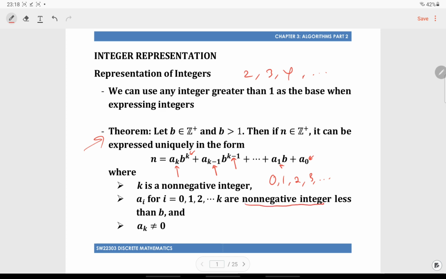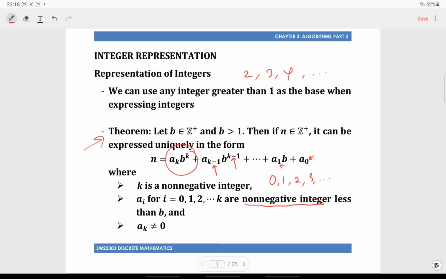Each a sub i is a non-negative integer less than b. And for a sub k, we need to make sure that a sub k is not equal to 0, to make sure that the leading term b to the power of k appears. If a sub k equals 0, then a sub k times b to the power of k automatically equals 0.